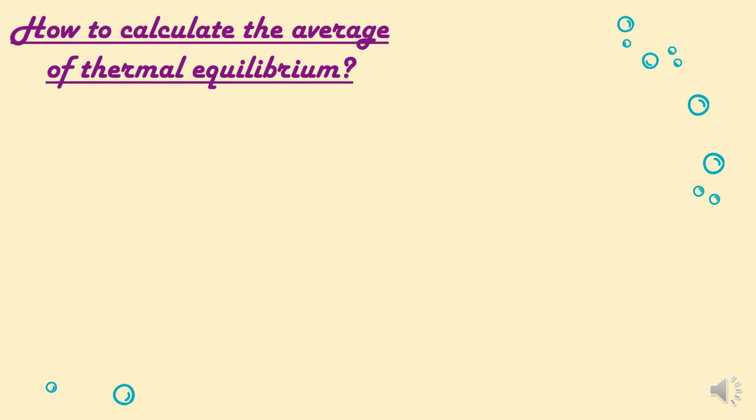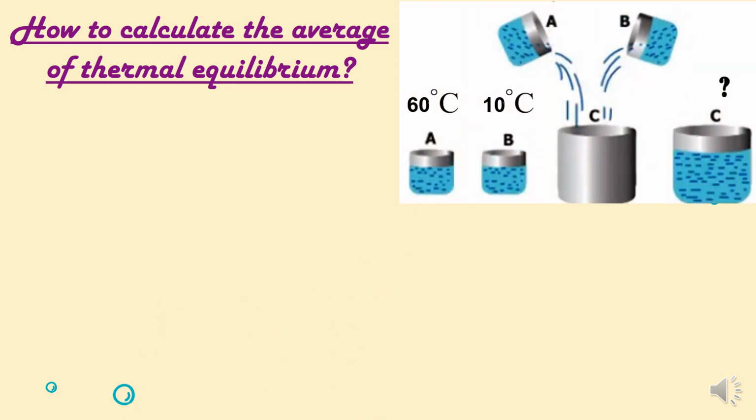So, how to calculate the average of thermal equilibrium? If we have two different cups, A and B, and we measure the temperature in A, you will find it's 60 Celsius, and in B, you will find it's 10 Celsius. By mixing the two cups together in another beaker, which is C, can you guess the temperature in this cup will be how much?